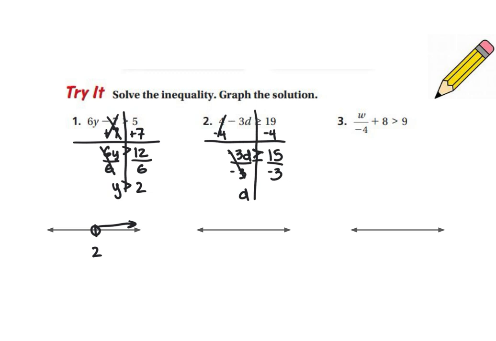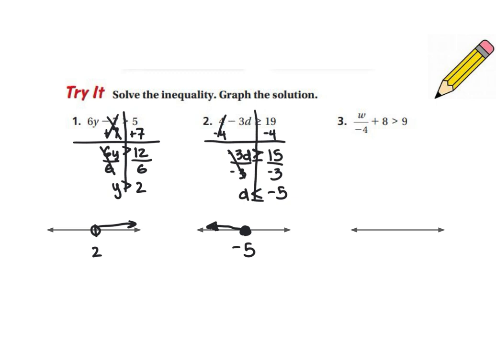However, we divided by a negative, so we need to flip our sign to less than or equal to, and 15 divided by negative 3 is negative 5. So our circle will be filled in because it's less than, pointing to the left, or equal to.